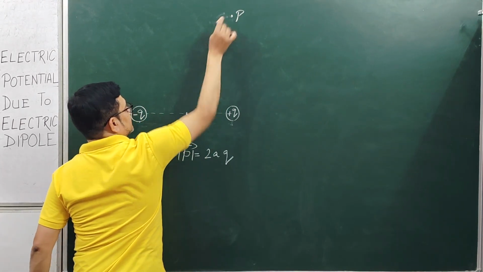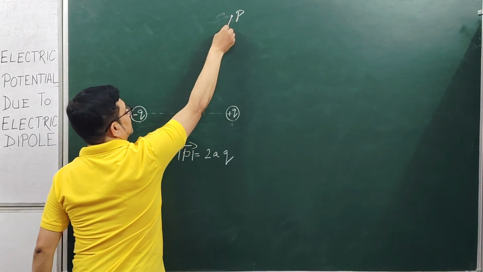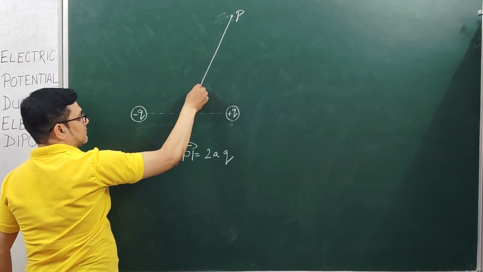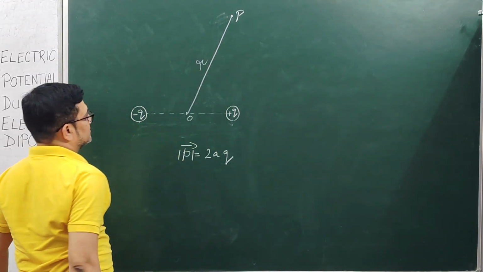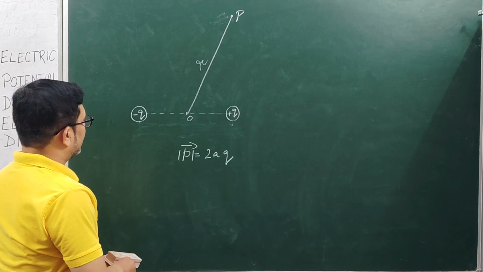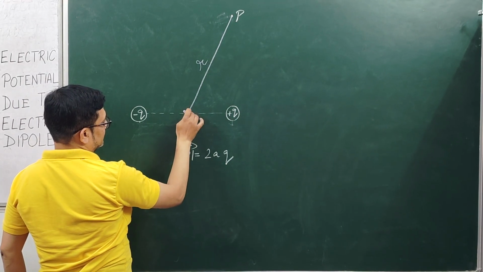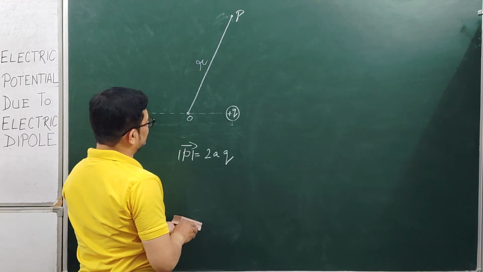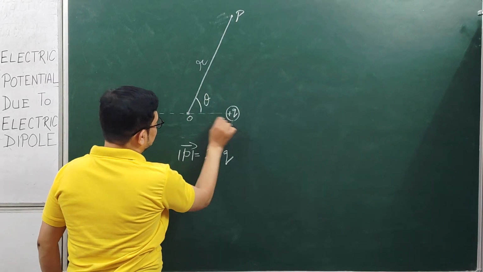So we'll join this here like this, and suppose this distance is R, and the orientation is also generalized. It's in the generalized form, and suppose that orientation is making an angle theta degrees with this axis.